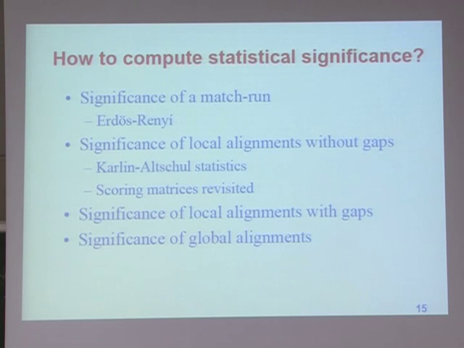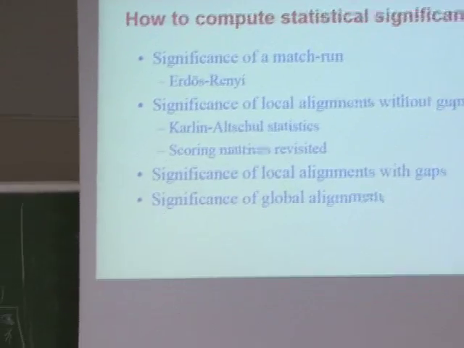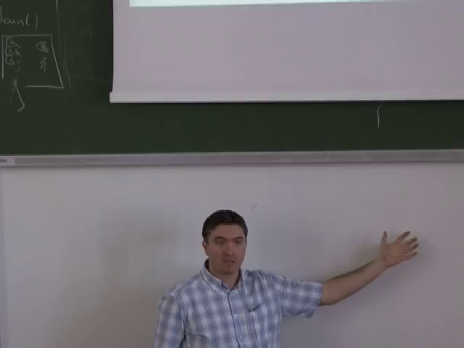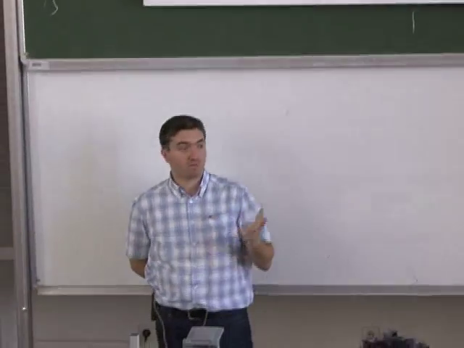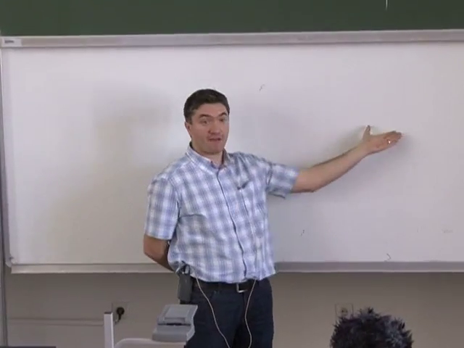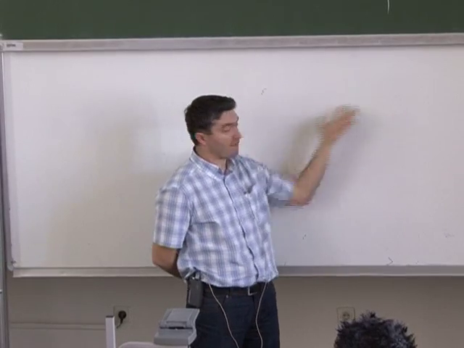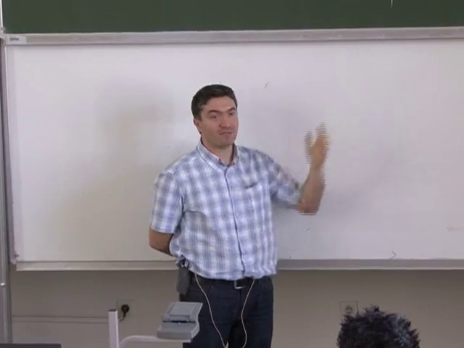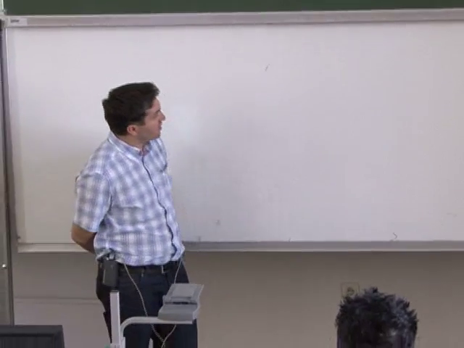So they first started with the simpler problem. Instead of working on a complete alignment with gaps, matches, and mismatches, what is the probability of having such an alignment? Do we have it by chance? So the goal is to answer that question. If I give you an alignment, and your goal is this alignment?